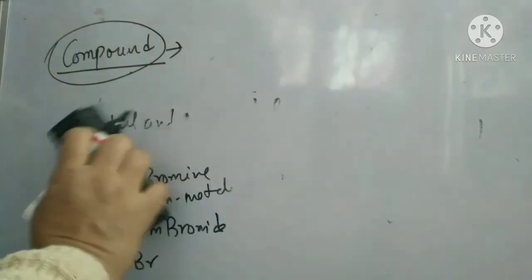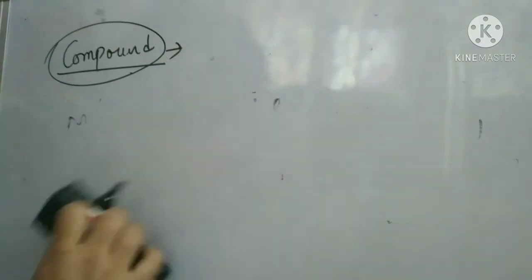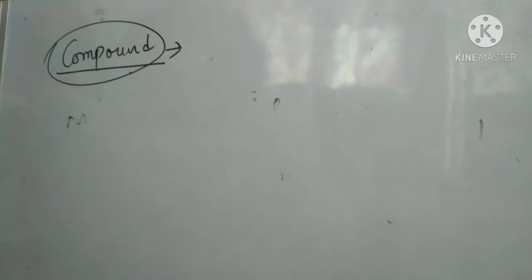If it is containing only two non-metals, they are written side by side and given as prefix mono, di, tri, etc., denoting the number of atoms.